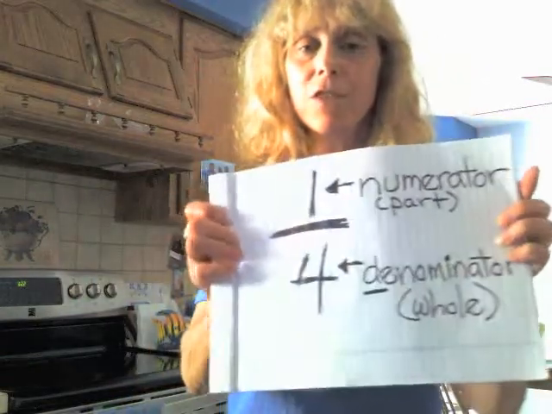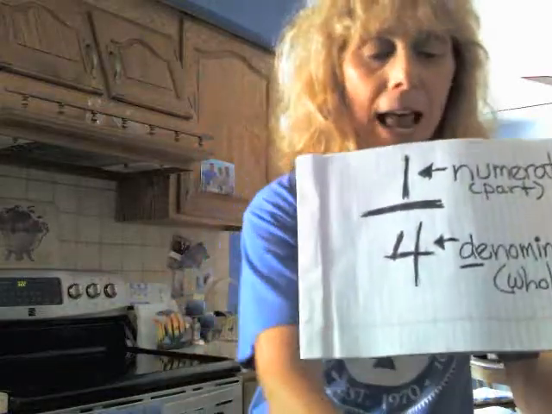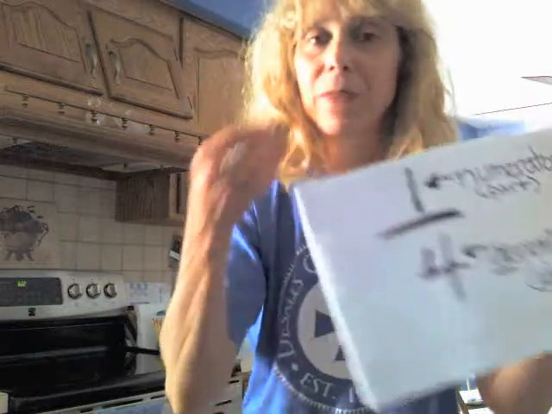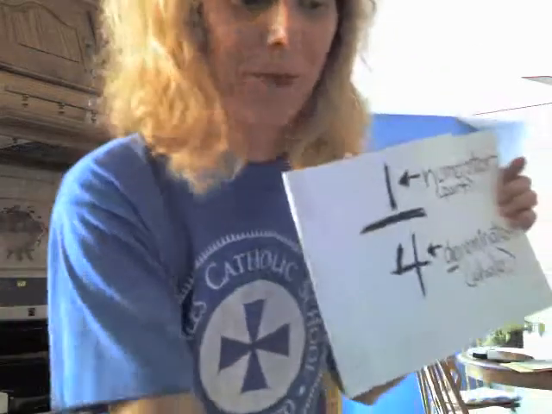So notice I took my oatmeal cookie that I cooked for my recipe and I divided it into 4. There it is, 4 pieces. And so I have them divided into 4 pieces, but I am only going to take one little piece of that. Delicious.